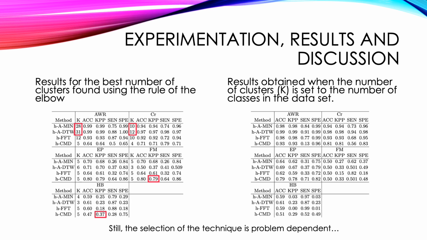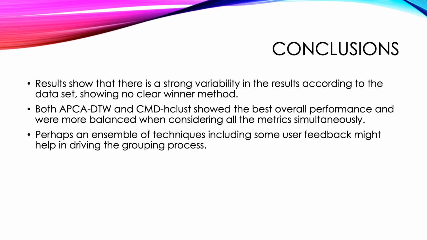So it seems that the methods are still problem dependent, and we need something that can take advantage of when one of the methods is performing well, to consider those as the best candidates instead of the others. So there is still room for improvement in time series clustering, and perhaps some ensembles.